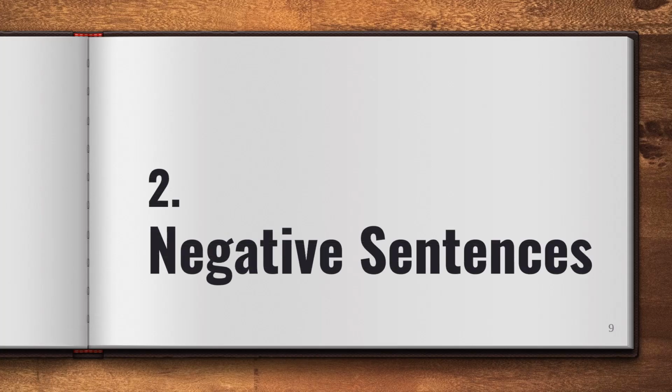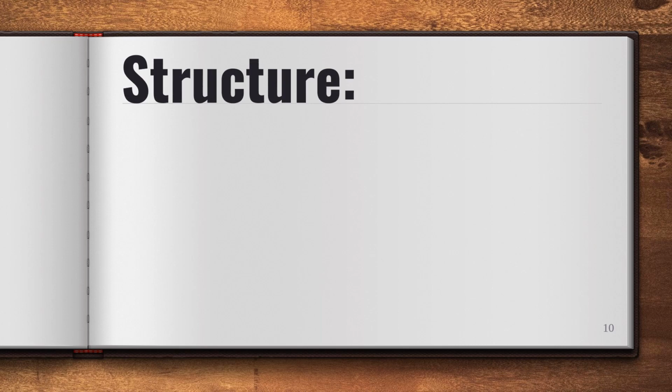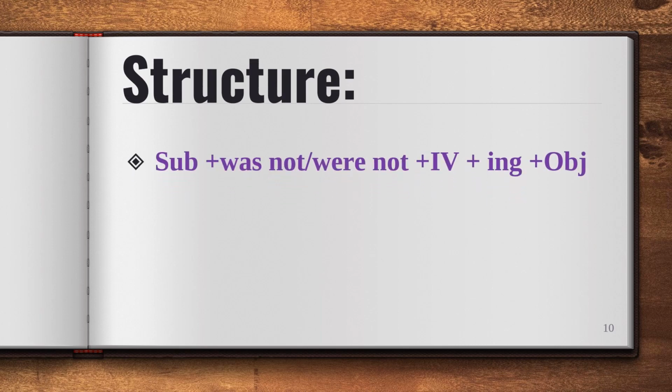Now, what are the negative sentences? How do we make negative sentences in the past continuous tense? Let's see. The structure for making negatives in past continuous tense is: we use the subject, then was not or were not, plus the first form of the verb with ing, plus object.